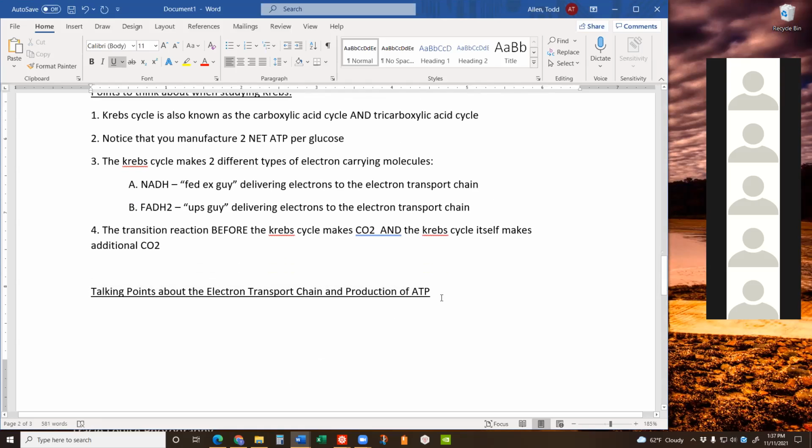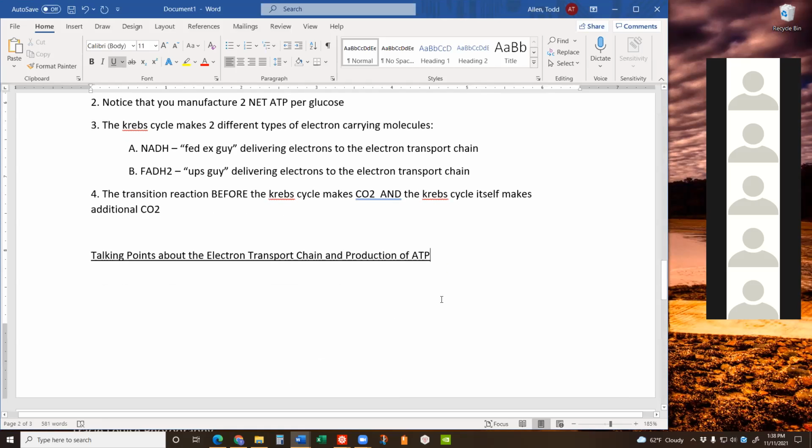Okay. Talking points about the electron transport chain and production of ATP. Okay. Number 1. And this is figure 514 and figure 516.